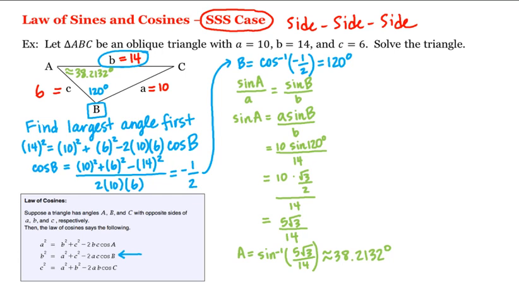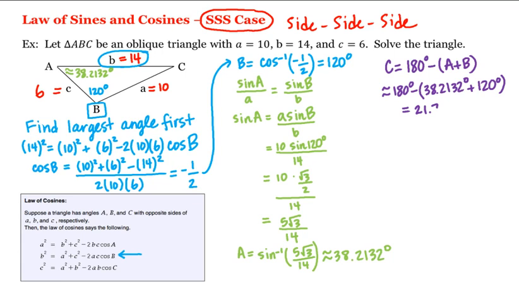Now it still remains to find C, but we can do so by using the fact that the angle measures in a triangle add up to 180 degrees. That is, C is equal to 180 degrees minus A plus B, which is approximately 180 degrees minus 38.2132 degrees plus 120 degrees, which is equal to 21.7868 degrees.